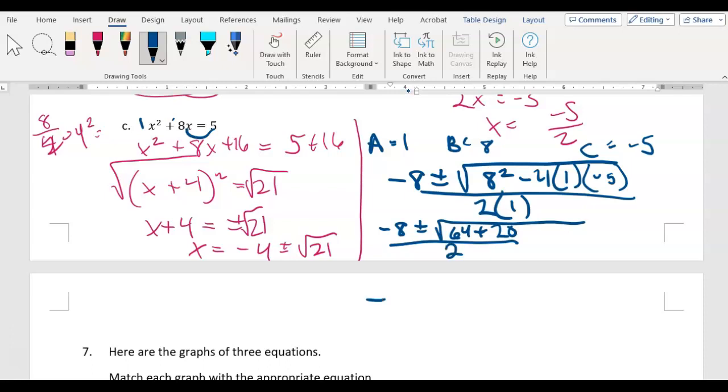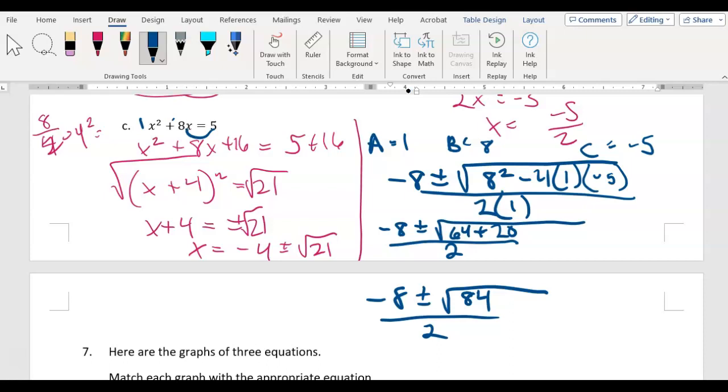So now you will have negative 8 plus or minus the square root of 84 all over 2. Now, here's the thing. We are going to want to break up this 84 a little bit. These two, believe it or not, are equivalent.